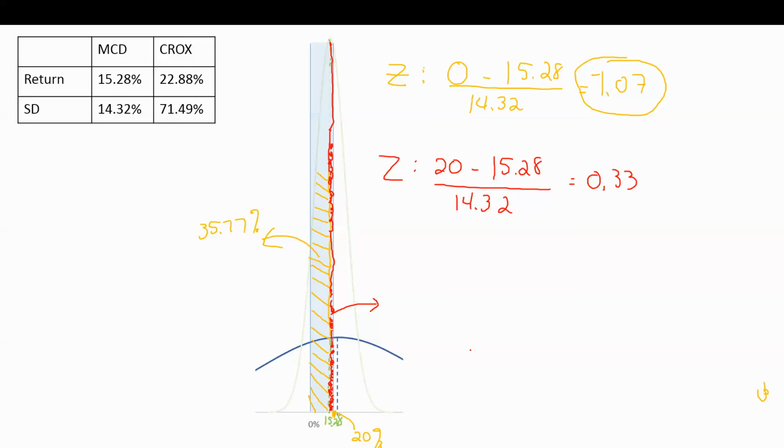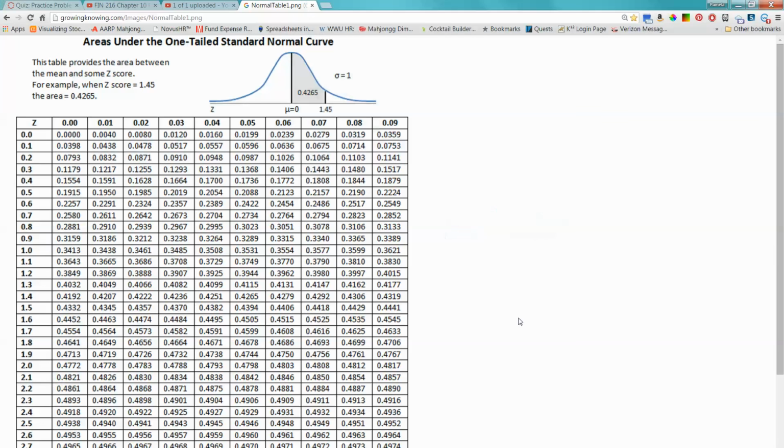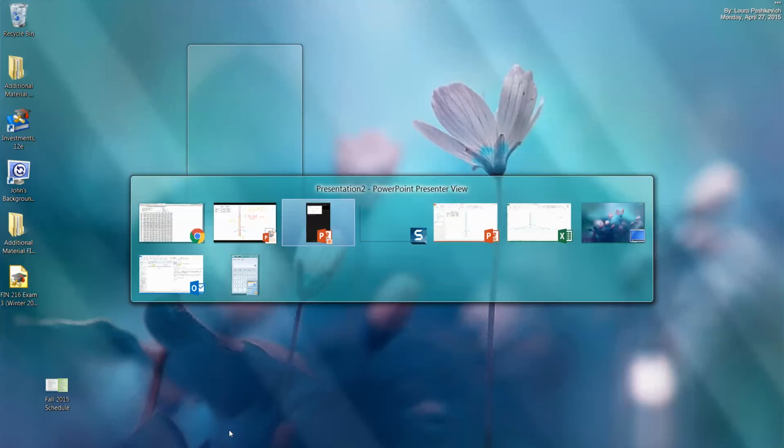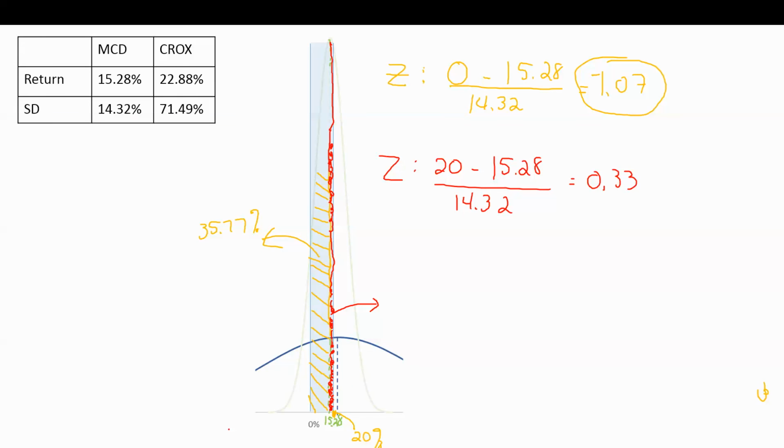Now I can go to the Z table and look at 0.33. So 0.3 and across to 0.03. So I find 12.93%. Double checking that. That is the portion of the curve that is this red shaded area. I'll just put that here.